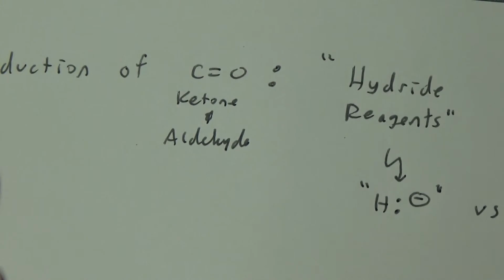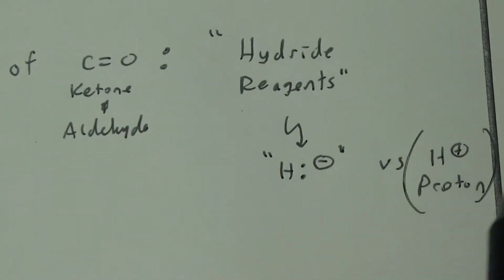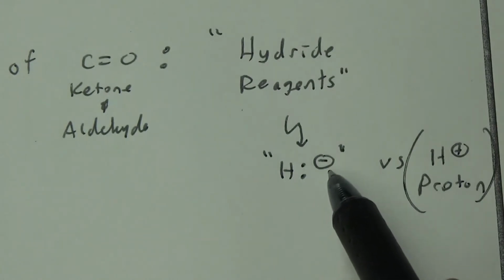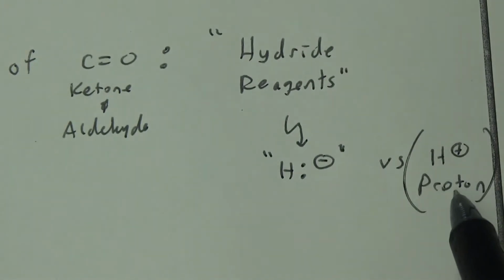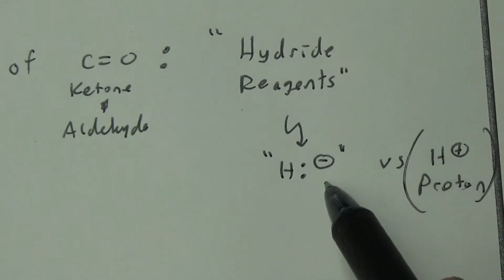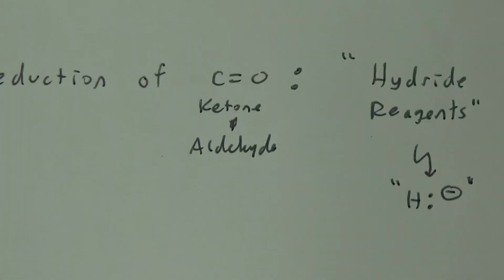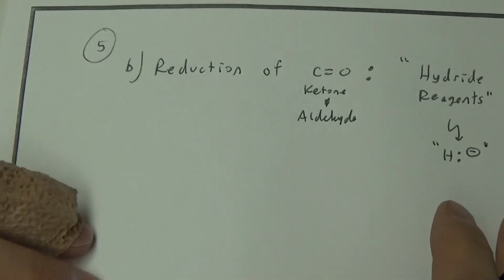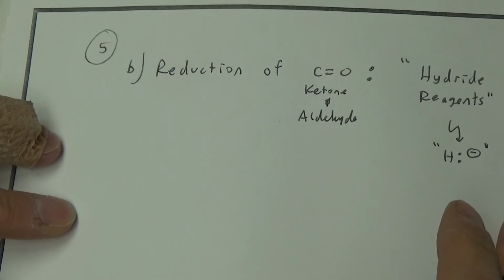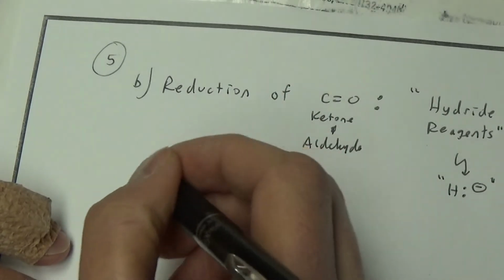Proton. So hydride is totally 100% opposite from proton. A proton doesn't have those electrons. So this is a kind of unhappy, unstable, reactive thing. Okay, so what's a hydride reagent, and what are some of the ways we can use these to do reductions? First, I'm going to show two ways.